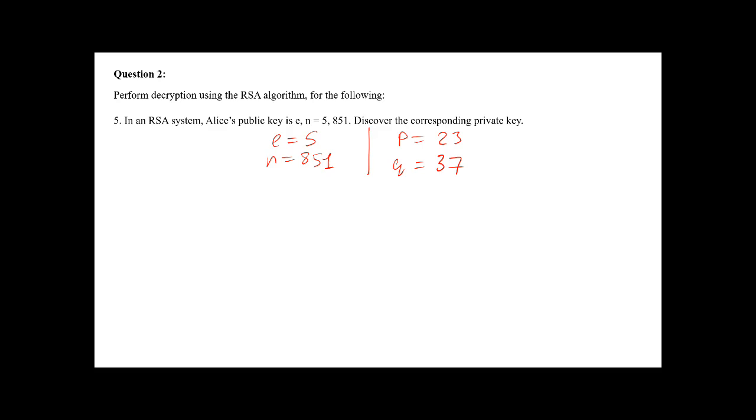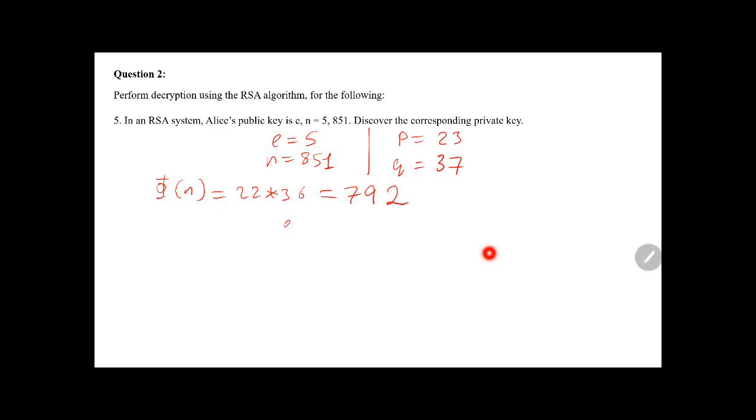So now that we have our P and Q, we can get our Euler's quotient of N, which is equal to P minus 1 multiplied by Q minus 1. So it's 22 multiplied by 36, which is equal to 792. So now we have our E, N, and Euler's quotient. Now we use the Euler's quotient and E to formulate our equation.